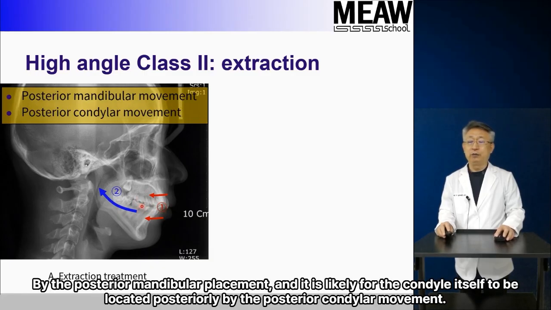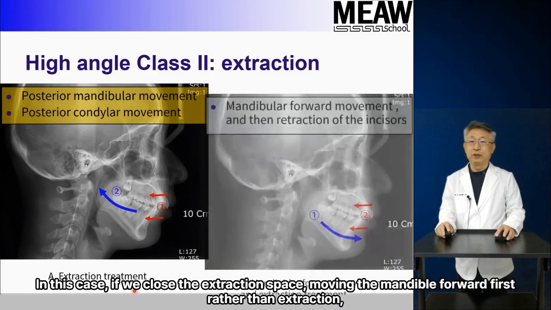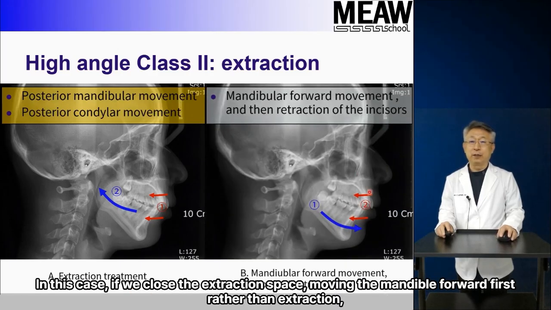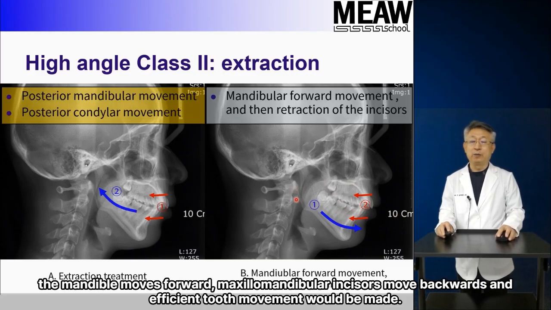By the posterior mandibular placement, it is likely for the condyle itself to be located posteriorly by the posterior condylar movement. In this case, if we close the extraction space, moving the mandible forward first rather than extraction, the mandible moves forward, maxillo-mandibular incisors move backwards, and efficient tooth movement would be made.